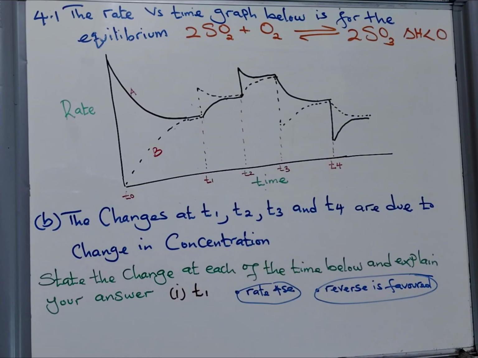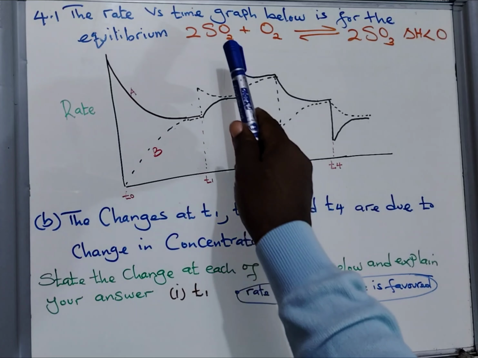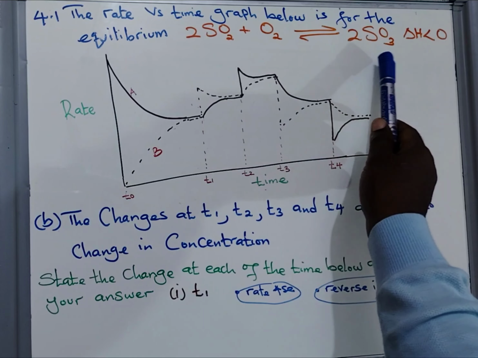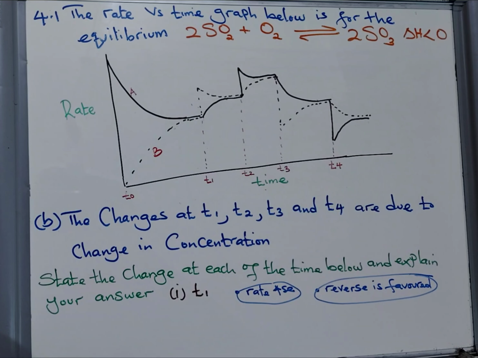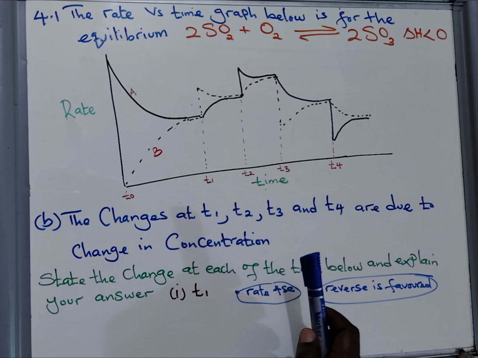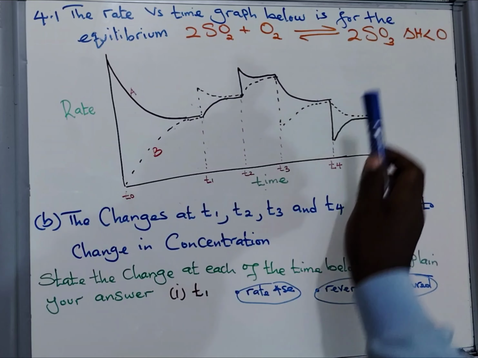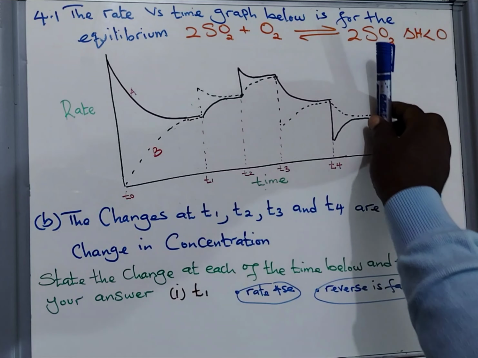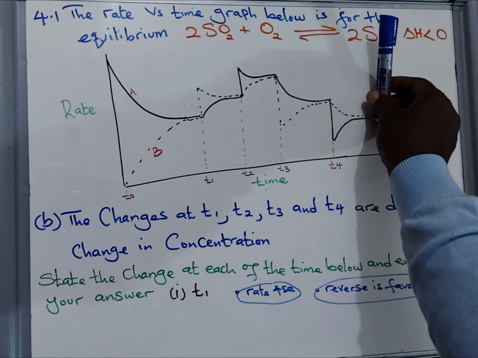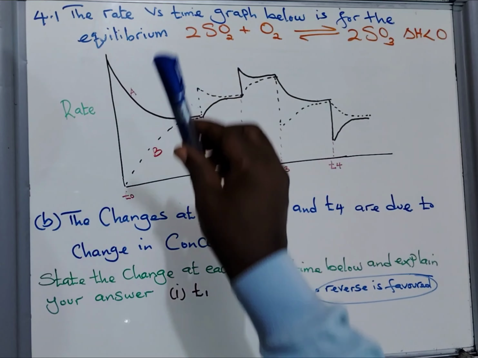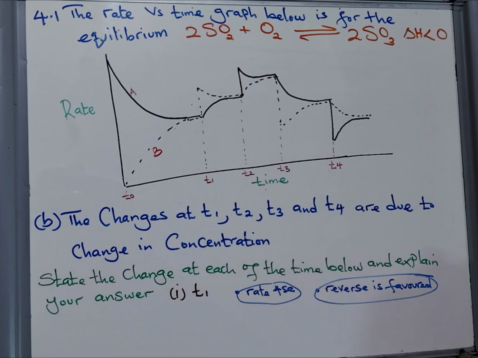Okay, so when you look at that, first of all, increase in rate means that whatever entity you're going to talk about here is going to increase. But reverse favored implies that what is increasing is a product. When you increase product, rate increases and reverse is favored.